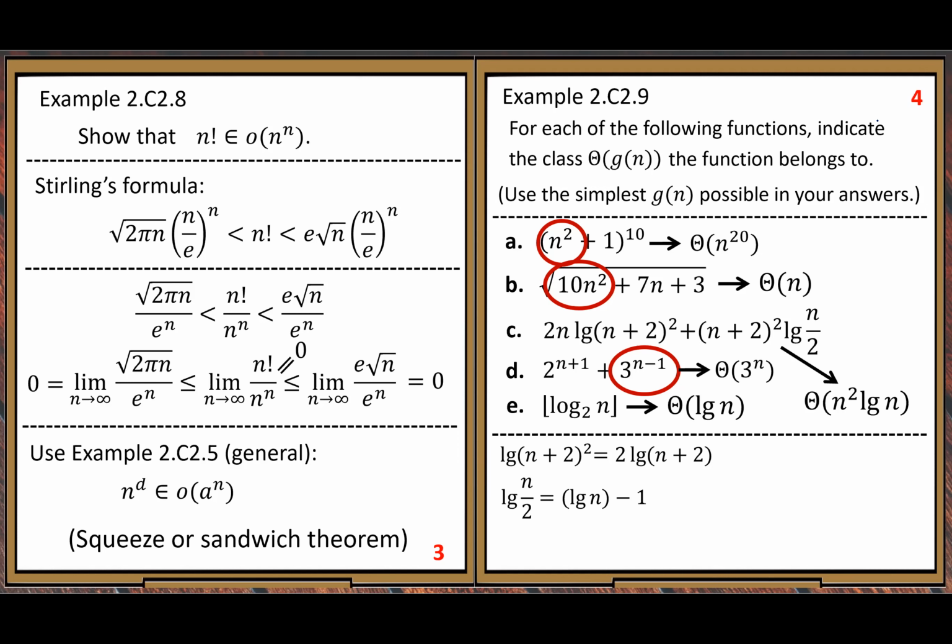Here I want to mention there is a change of base rule for logarithms. Later we may need to use it, because here we use log base 2. Later when we change to a different base, we use this change of base rule. Here I just mention it, and when we need to use it, I will bring it back.